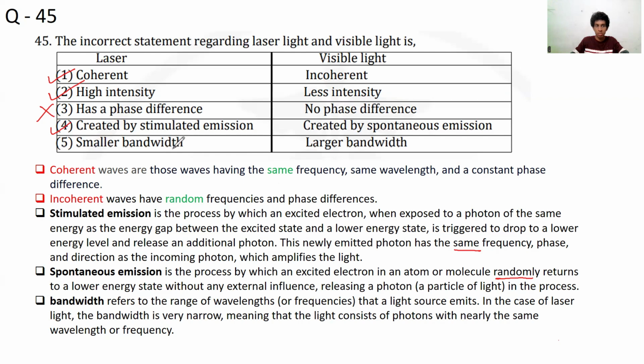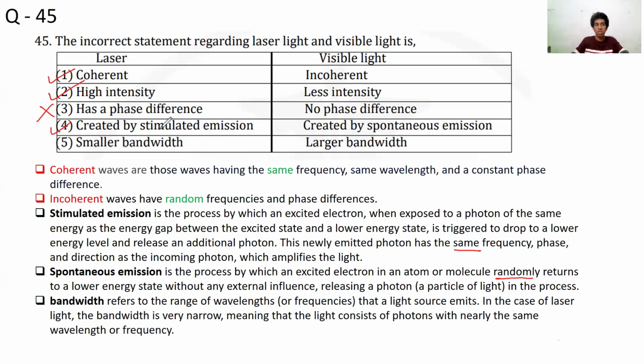Fifth one, smaller bandwidth and larger bandwidth. So what is called bandwidth? Bandwidth refers to the range of wavelengths or frequencies that a light source emits. So in the case of laser light, the bandwidth is very narrow, meaning that the light consists of photons with nearly the same wavelength or frequency.